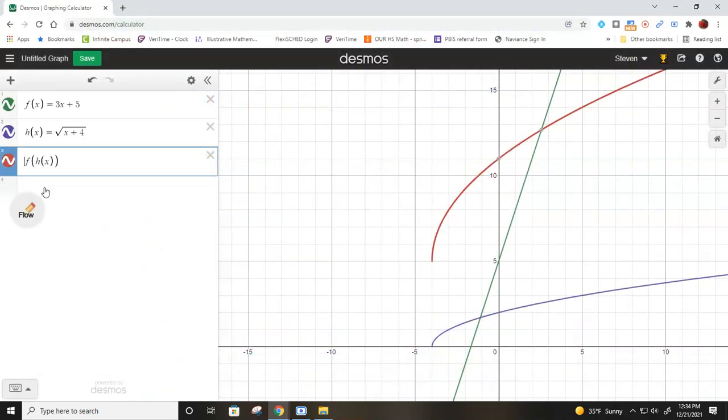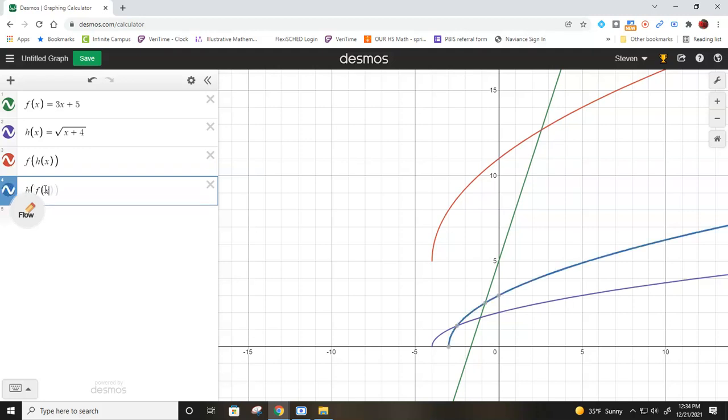If we change this around and we go h of f of x, now we're on this blue graph, and you notice it starts here at -3, and it goes up from there. Which matches what we said before.